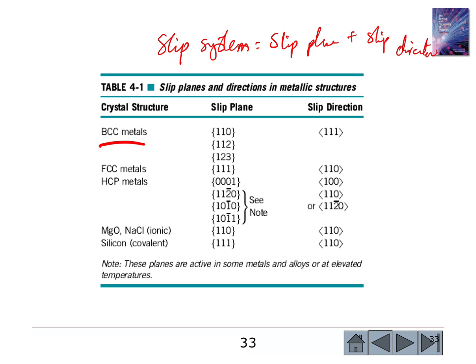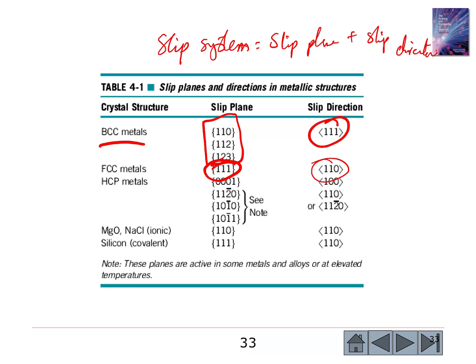So in BCC we have these slip planes and these slip directions in which the dislocation is more likely to move around. Whereas in FCC we have these slip planes and these directions.